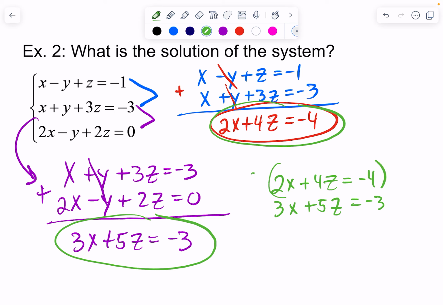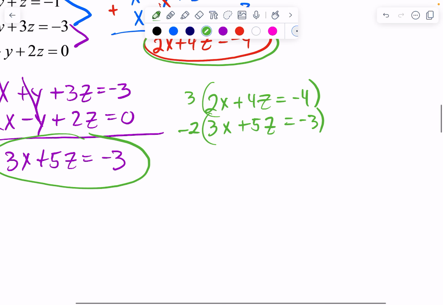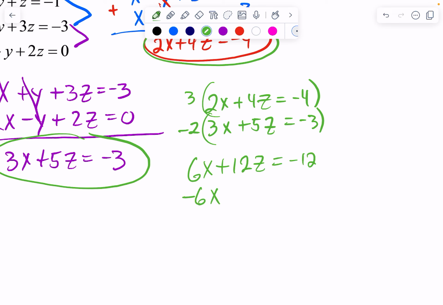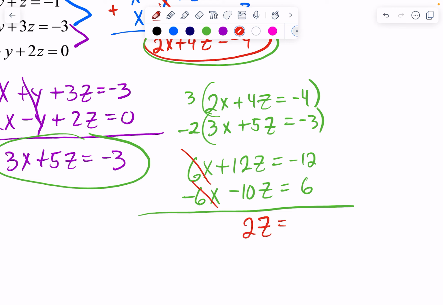So I'm going to multiply this by a 3 and this by a negative 2, giving me 6x plus 12z equals negative 12. Negative 6x minus 10z equals positive 6. The x's cancel. I've got 2z equals negative 6, divided by 2, z equals negative 3.